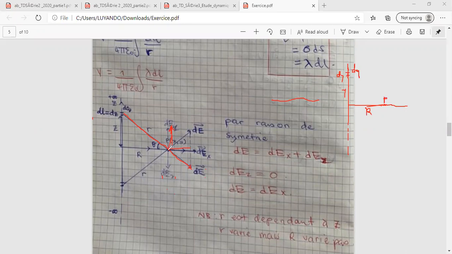The same applies from this segment to the point: I can have it in the Y direction, downwards, and in the X direction.